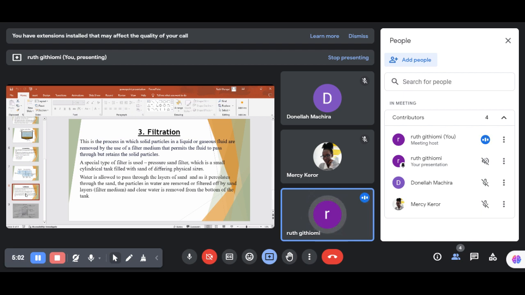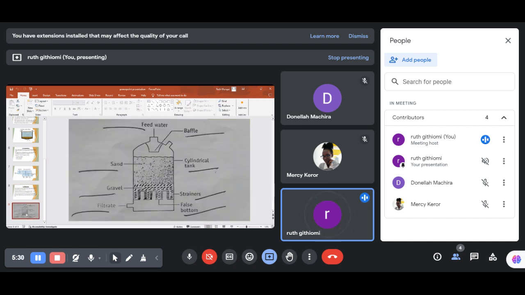A special type of filter is used, that is a pressure sand filter, which is a small cylindrical tank filled with sand of differing physical sizes. Water is allowed to pass through the layers of sand, and as it percolates through the sand, the particles in water are removed or filtered off by the sand layers, that is the filter medium, and clear water is removed from the bottom of the tank.